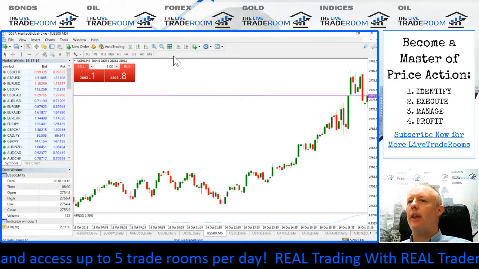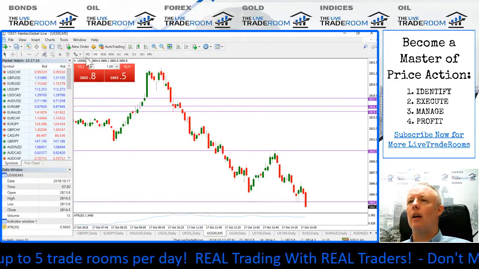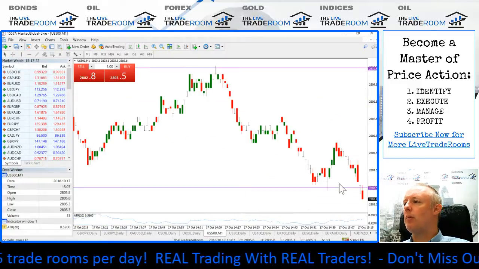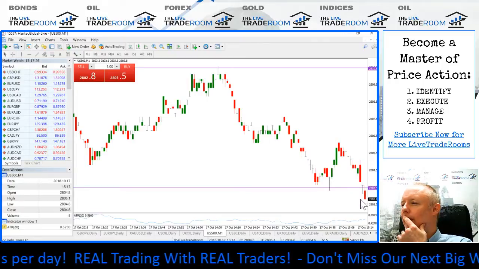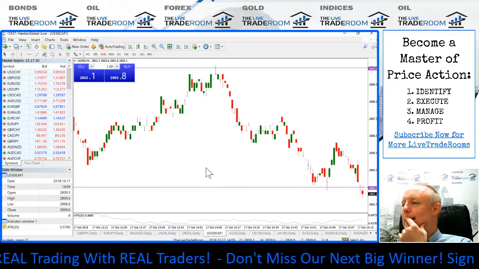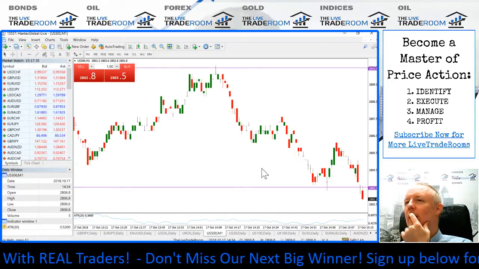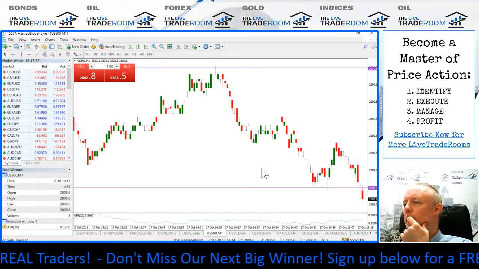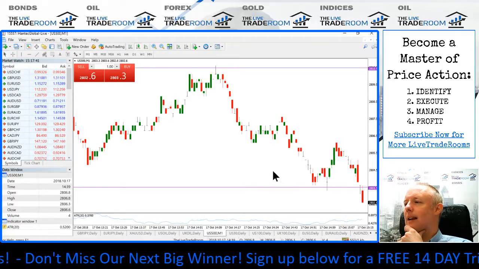So while I'm on this trade now, let's see if we get a close below that level. We're just closing at that level. It is above the 28.02. We'd prefer to sell below that level. But let's see if we get a close at this level now.